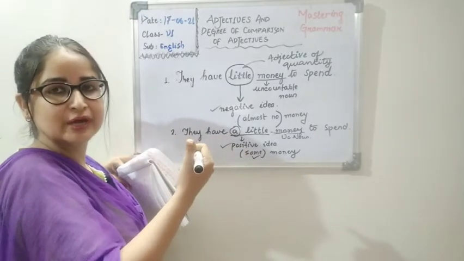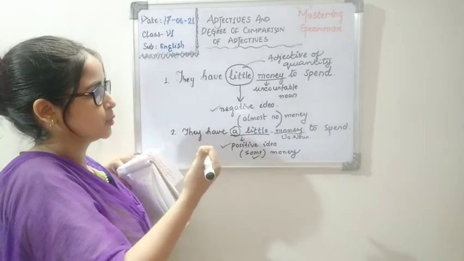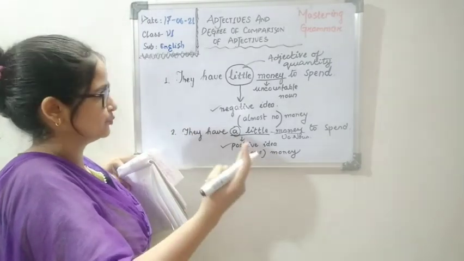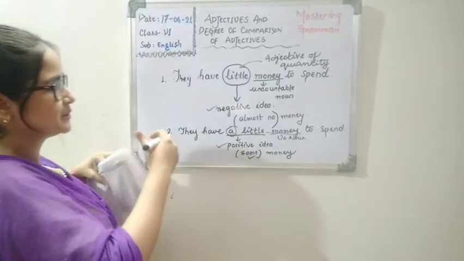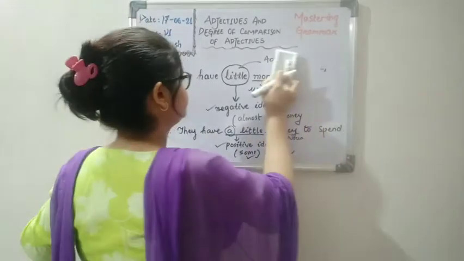Now let's move to the adjective of number. Okay, a few and few. I will be giving you some examples to understand it better. So let's move to that one now.